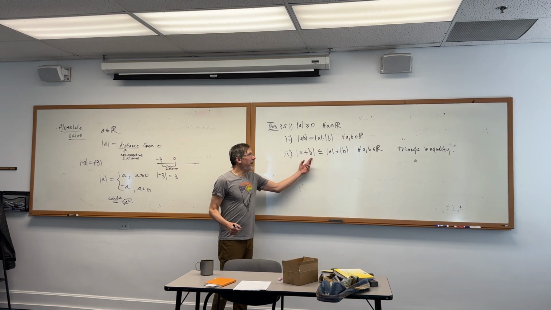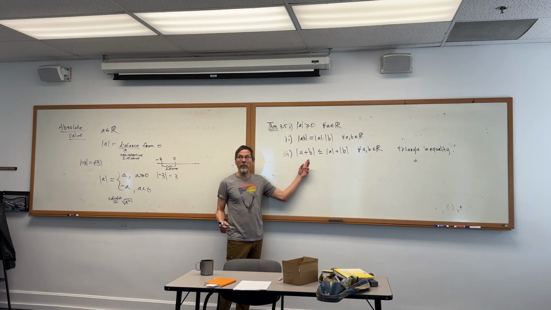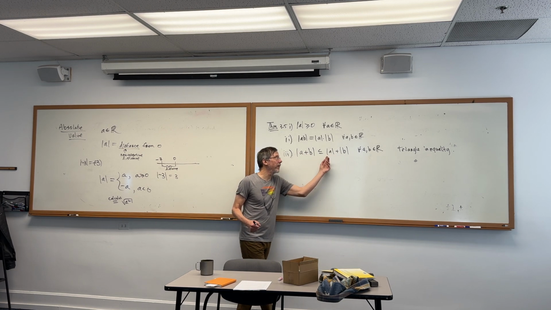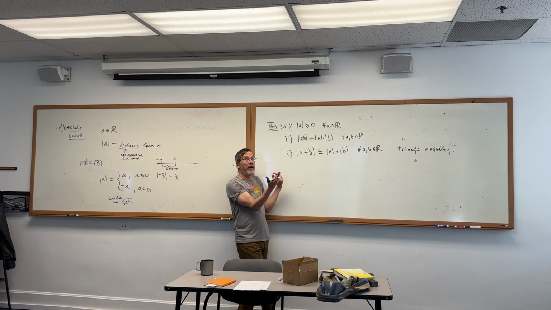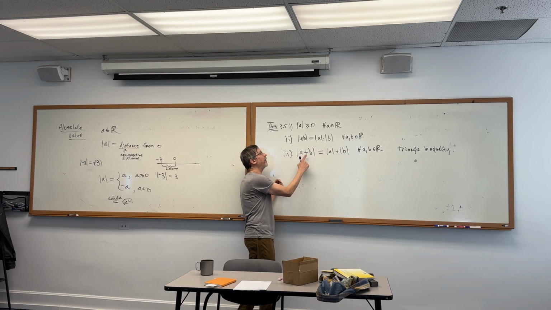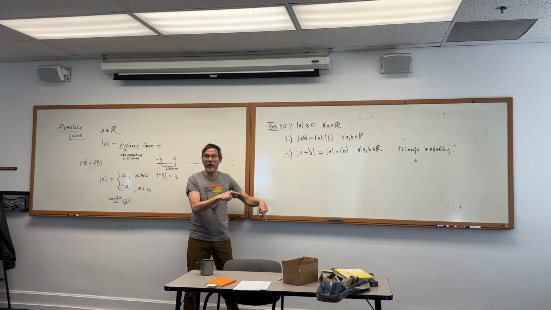If A and B are both positive numbers, then A plus B is a positive number. And this is just normal addition. This gets bigger. If it's 3 plus 5, that turns into 8. And if I take the absolute value of a positive number, I just get 3 plus 5. So if A and B are the same sign, if they're both positive or both negative, that's where I get equality.